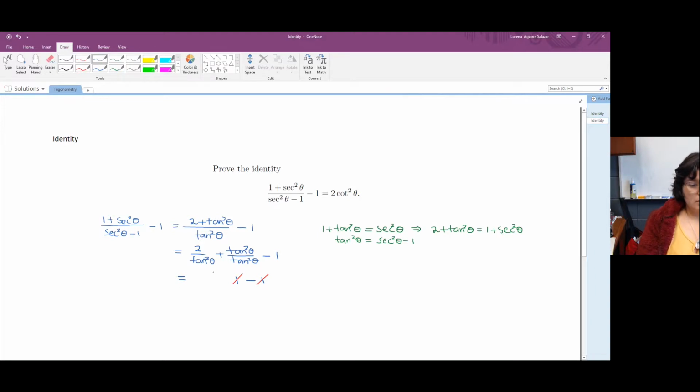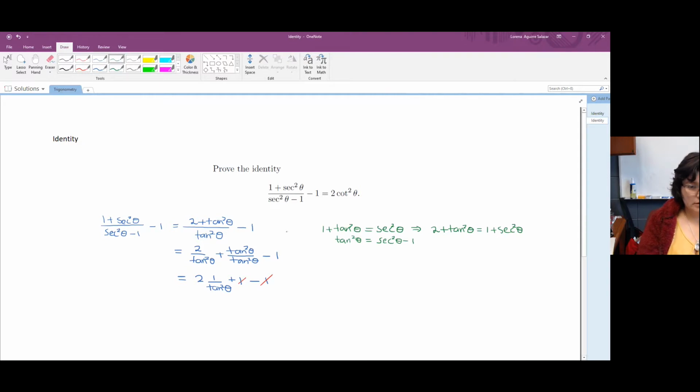While 2 over tangent squared can be rewritten as twice 1 over tangent squared. This way we can see the 2 we want to see at the end of this problem showing up. We want to see 2 times cotangent squared of theta. Now we see the 2 separated from the rest, and the rest looks like 1 over tangent squared of theta.